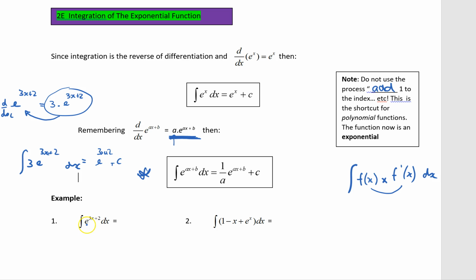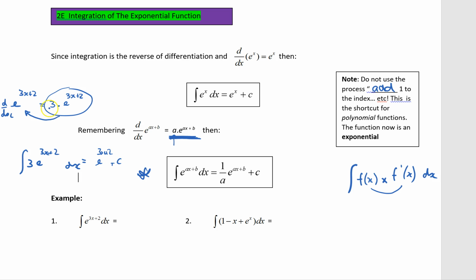So what I know is that when this function was differentiated and they brought the 3 to the front, the 3 got cancelled out. Now, how would you cancel out that 3?